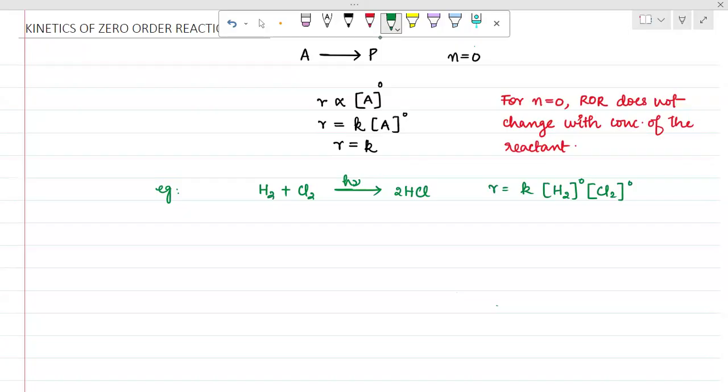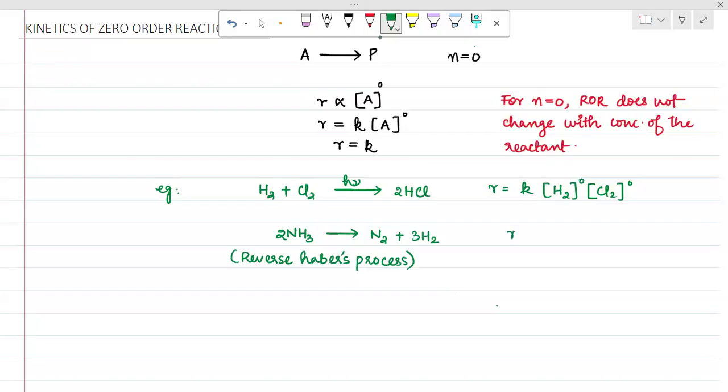Another very famous example is the reverse Haber's process. Haber's process is a process where N2 and H2 combine together to form ammonia. So reverse Haber's means it will be the opposite.